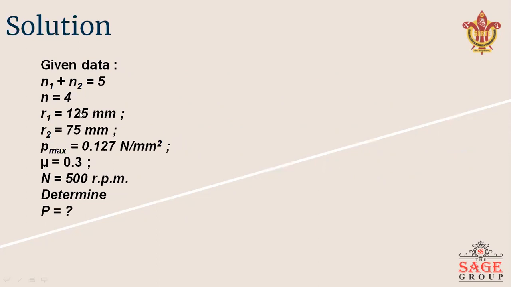Here you can see n1 plus n2 equals 5 is given in the question, and n equals n1 plus n2 minus 1. We have already discussed this in the previous lecture.